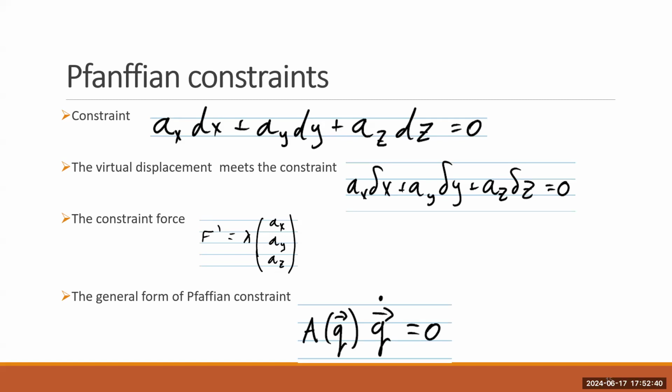Therefore, we can write that the general form of the Pfaffian constraint is the A matrix times q dot, which is the displacement dx, dy, dz. And this must be zero because of the principle that a constraint does not generate energy of its own.